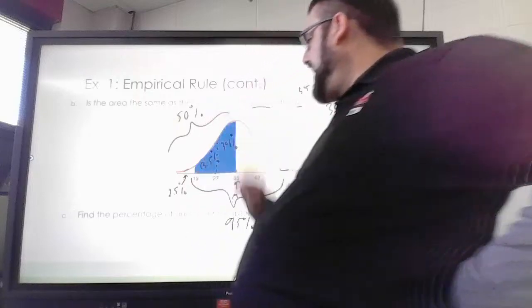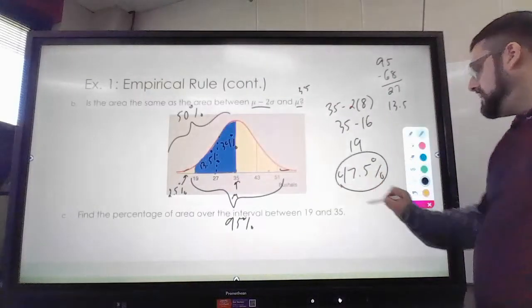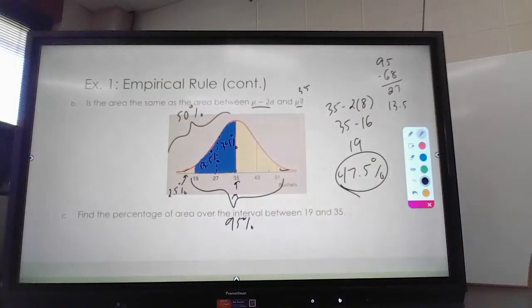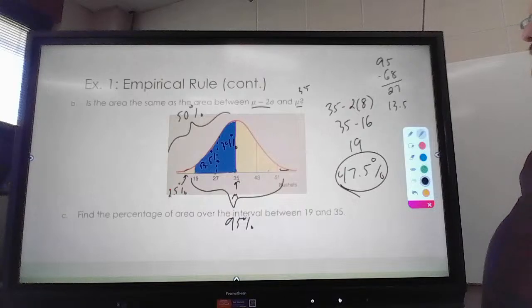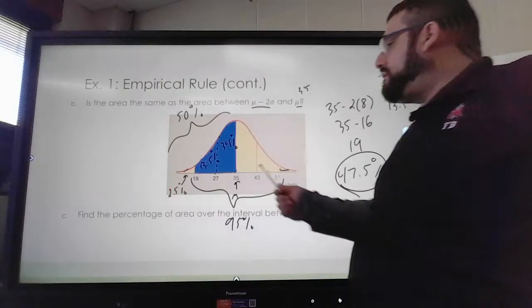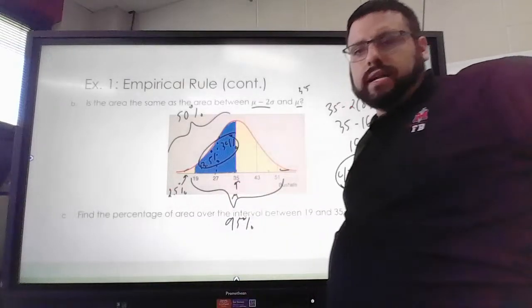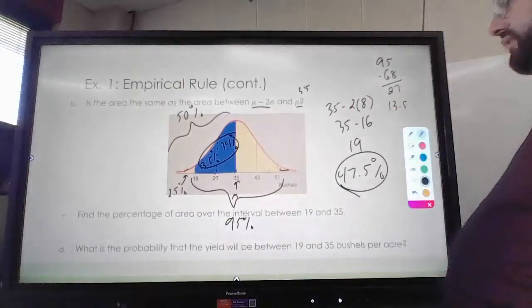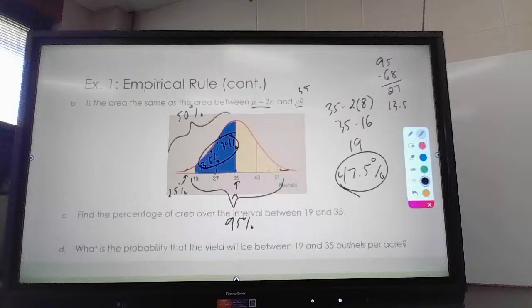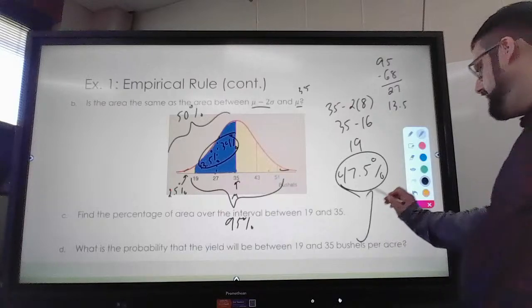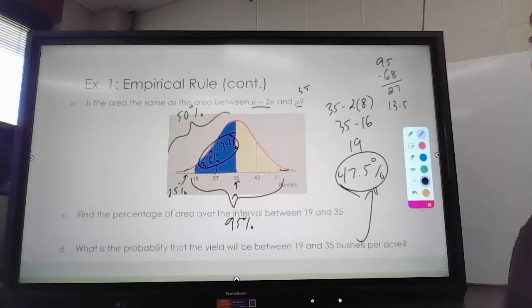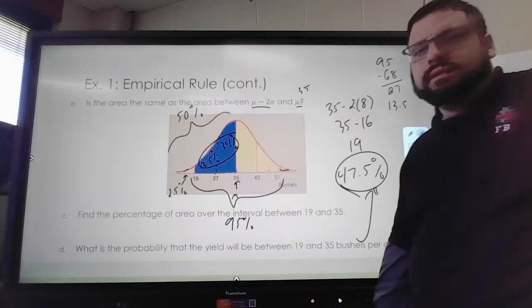So if I subtract that from 50%, that's where I get that 47.5%. So that means that there's a 47.5% chance that a data value will fall in this interval. What is the probability that the yield will be between 19 and 35 bushels per acre? Right there, 47.5%.